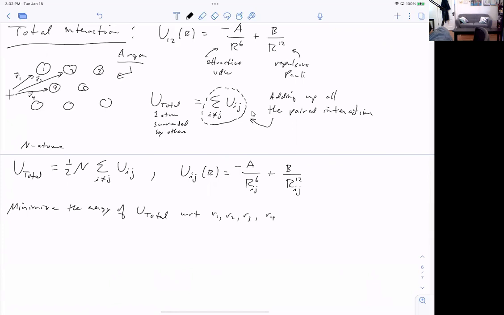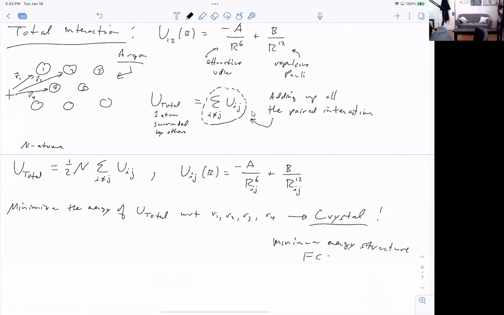When you do that, you'll find that this leads you to a crystal shape. That's how crystals form, because crystals are the minimum energy structure. And so you'll see that the minimum energy structure is a crystal.